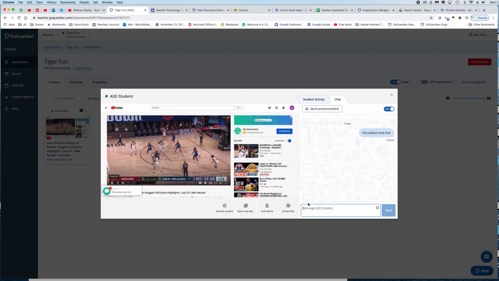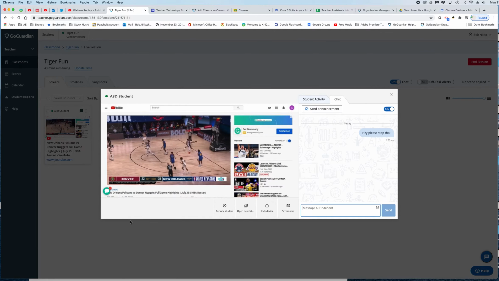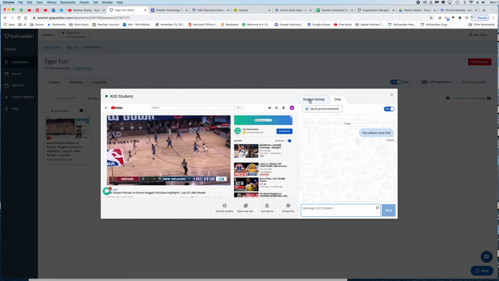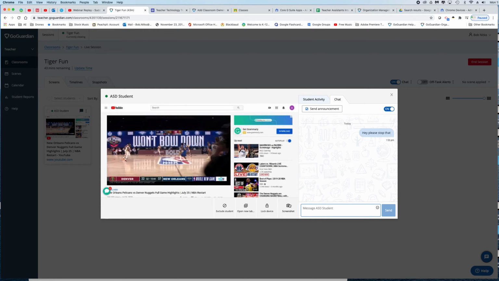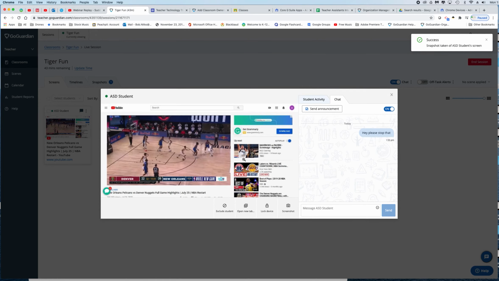And they would get an alert on their computer that looks just like that. And hopefully they would be smart enough to discontinue that. But you could also screenshot right here. Hey, this is what you're looking at. We got it. So if there's any argument, I have proof of it.